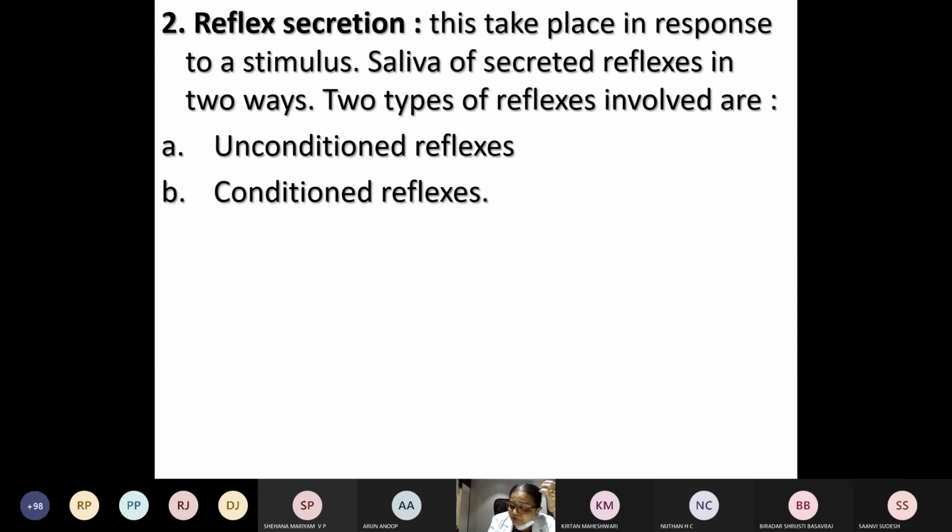Functions and applied physiology I will take tomorrow with gastric secretion. Is it okay? Yes, ma'am. I will start gastric secretion tomorrow. It is one of the important topics and will take two classes. In that I will finish these functions and applied physiology. Tomorrow I will take class again at 10 o'clock.